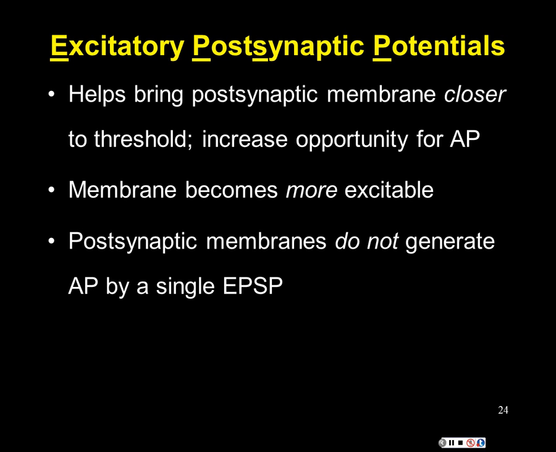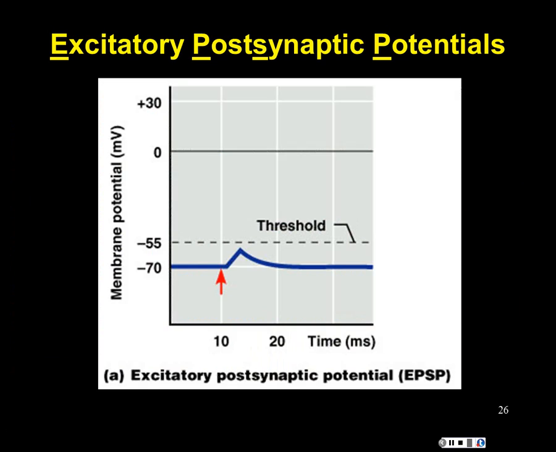If you plot your graded potential, your excitatory postsynaptic potential, I'm going to come back to these images. The postsynaptic cell would be at rest, receive some type of stimulus, and this upward swing is depolarizing. The stimulus goes away, then it goes right back to rest. Because what's working?